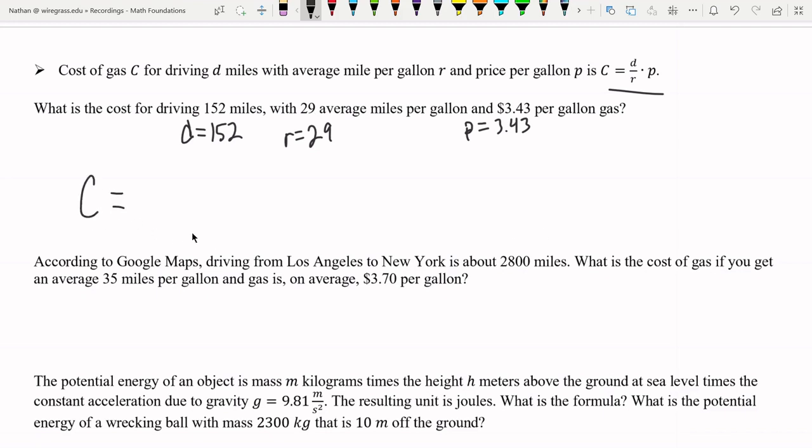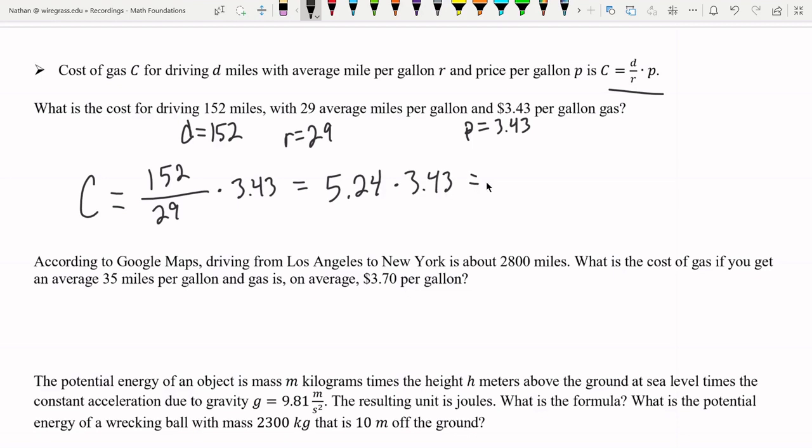So the cost is the distance divided by the rate, the gas mileage rate, times the price per gallon. Okay, I need to do multiplication and division left to right. So I need to do this first. 5.24, and that's multiplying 3.43.